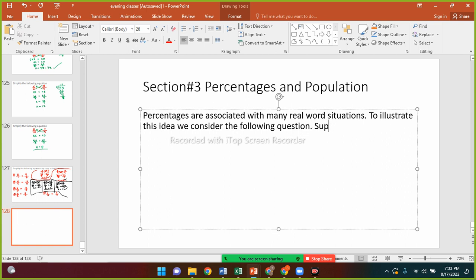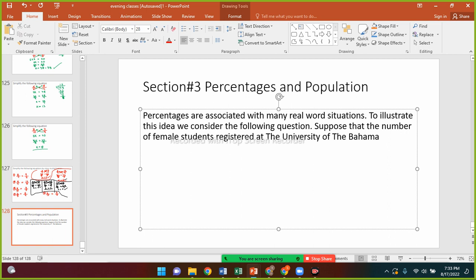Suppose that the number of female students registered at the University of the Bahamas is 1,197.